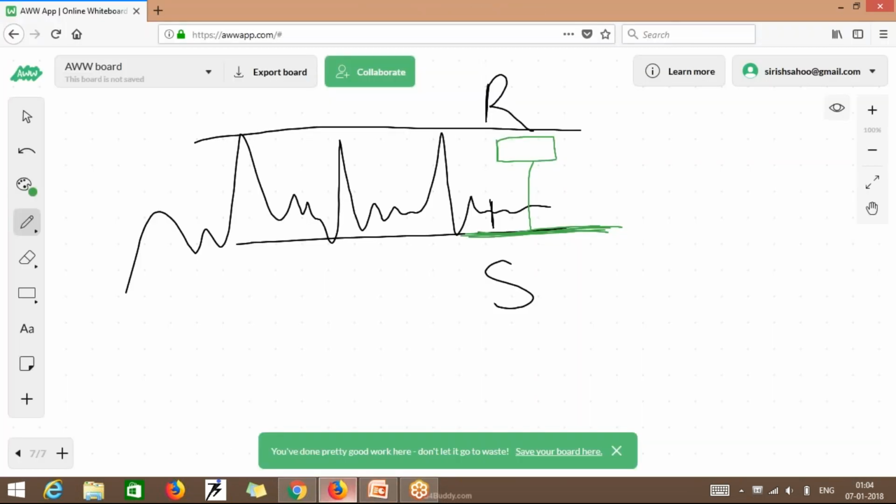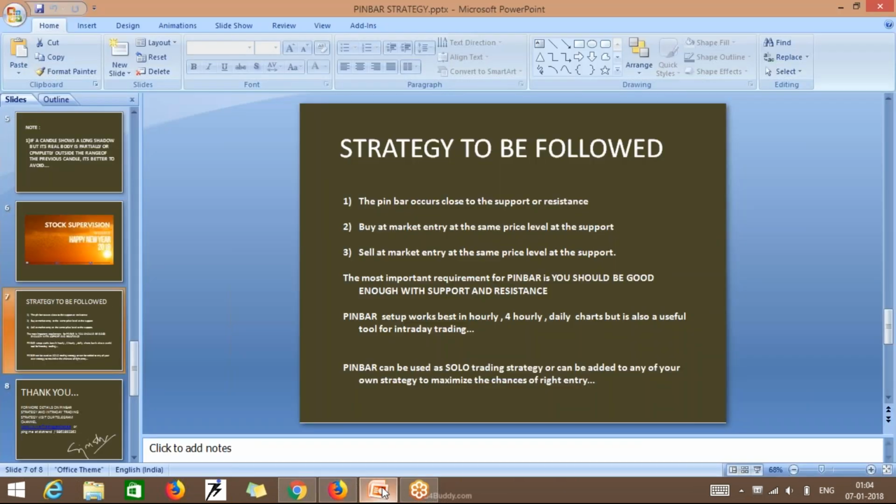Here it is recommended to buy. This is the support, then definitely price will move up from here. This pin bar suggests this fall is actually a lie in this market and this price will definitely move up at this support level. The same applies to resistance also.